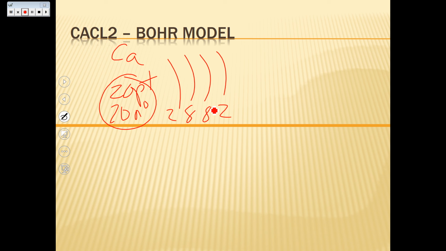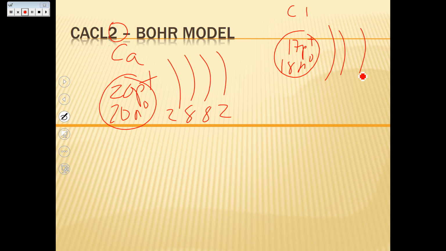And chlorine, because there is a 2 after the chlorine, it actually means that there are 2 of them. So let me draw 2 of them. We have 17 protons, 18 neutrons. Its configuration is going to be 2, 8, 7.